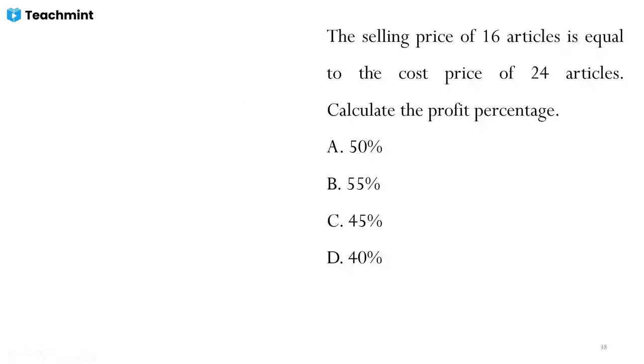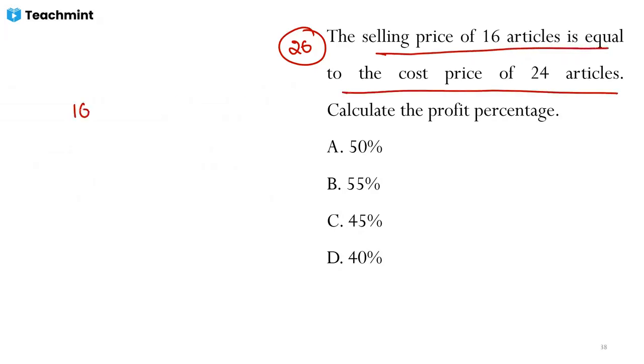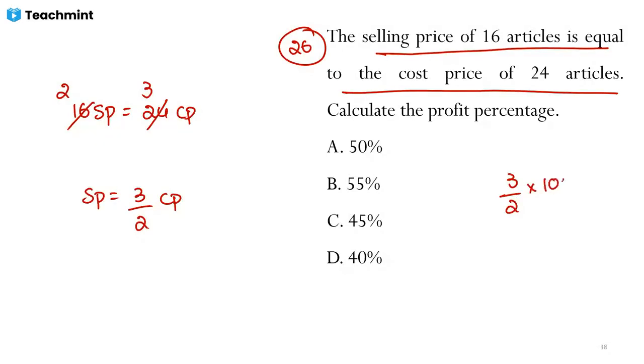See this next question. This is also a recent question from the CoCubes test platform. Selling price of 16 articles is equal to cost price of 24 articles. 16 articles selling price is equal to 24 articles cost price. This is 8 threes, 8 twos. SP is 3 by 2 times of cost price. See, 3 by 2 you can convert into percentage by multiplying with 100.